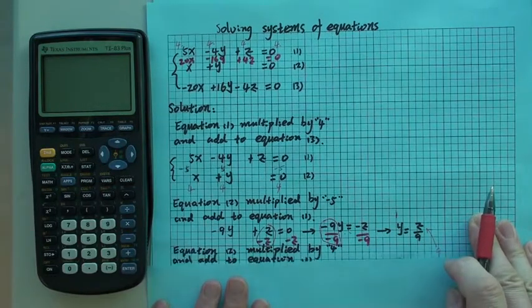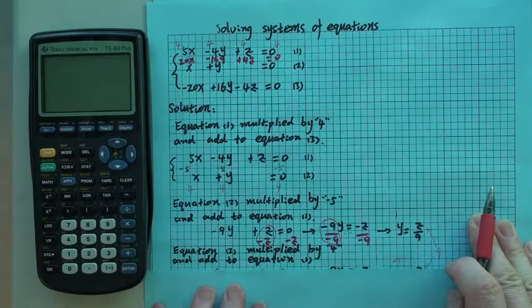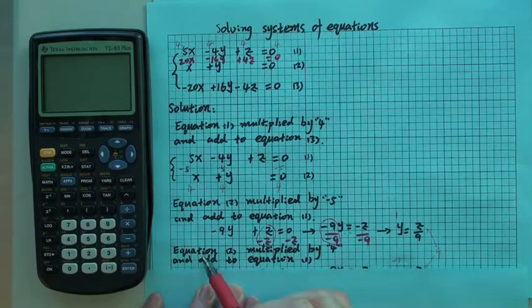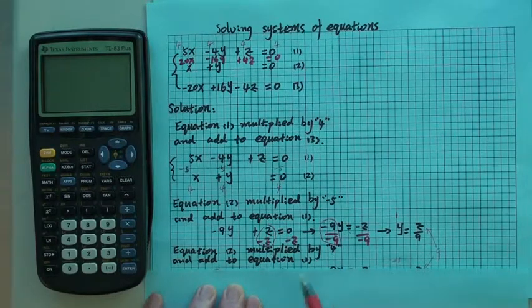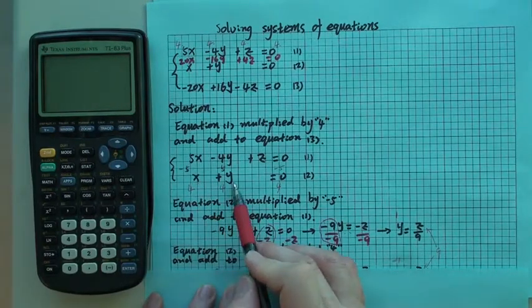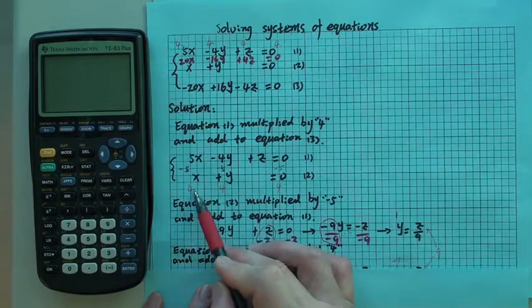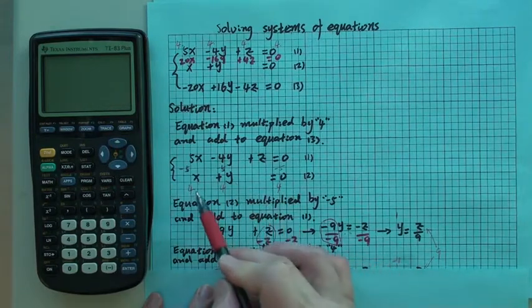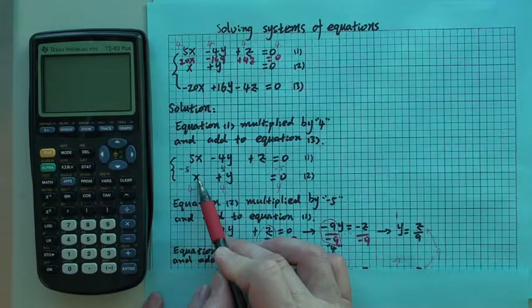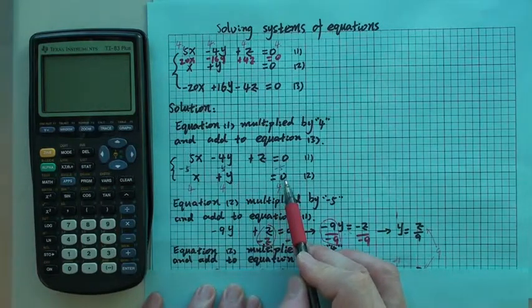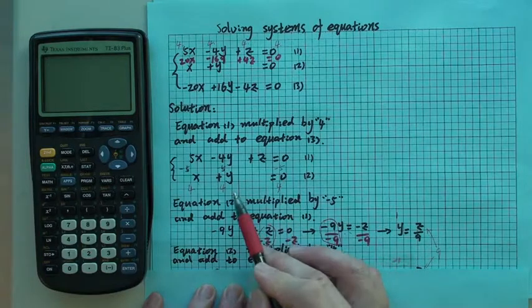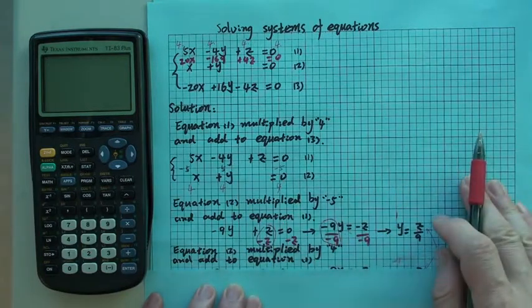Now similarly, we can multiply equation 2 by 4. So equation 2 is multiplied by 4. 4 times x is 4x, 4 times y is 4y, 4 times 0 is 0. And then we add to equation 1.